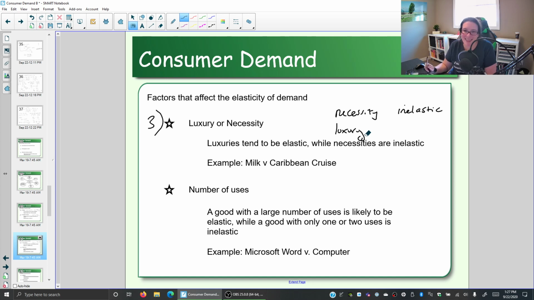It's now $10,000. Well, you could live without the Caribbean cruise. It's not something you have to have. So that makes you more sensitive to the price, which means your demand is what? It's more elastic.